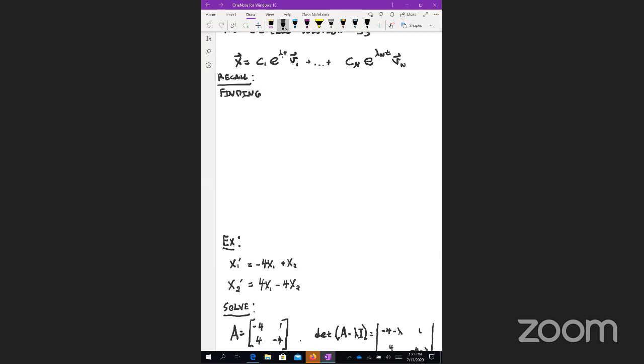Okay, so this whole thing is in terms of eigenvalues and eigenvectors, so let's remind ourselves how we find them. First we find eigenvalues, then we find eigenvectors.